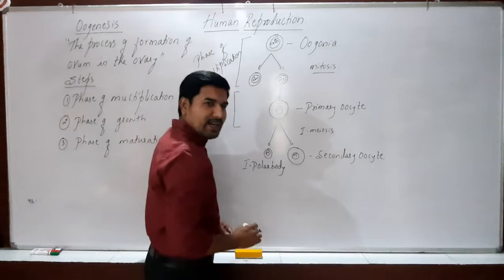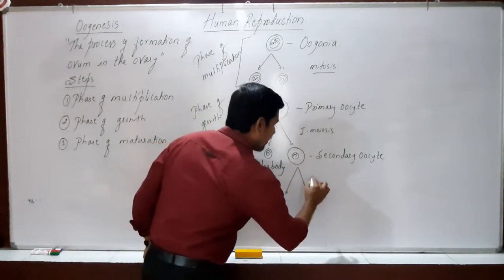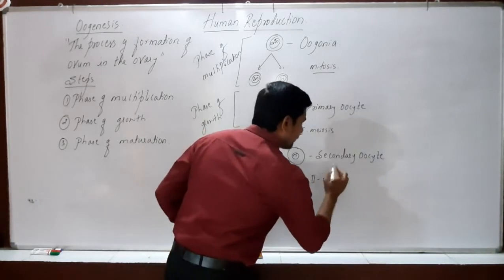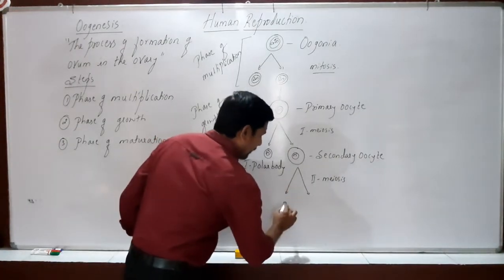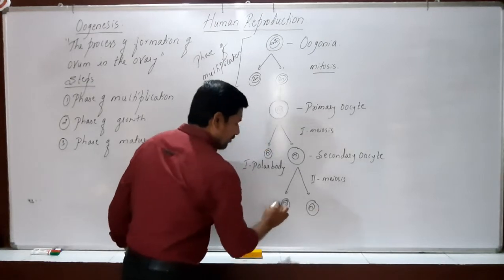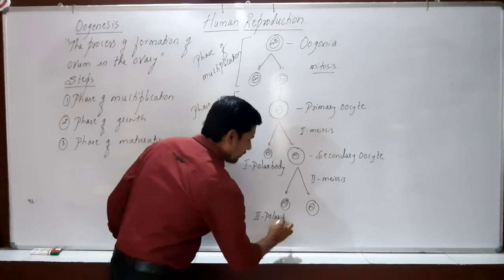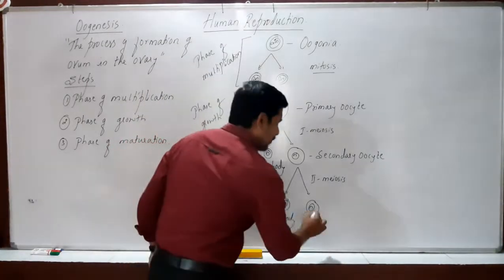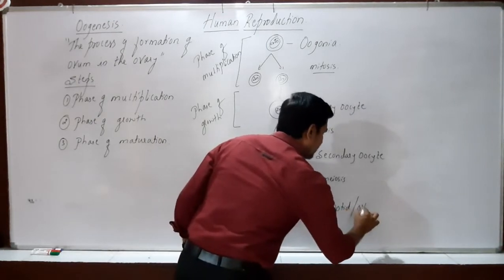This secondary oocyte undergoes the second meiotic division. Here we come across meiosis 2, to give rise to two more cells. Now one is smaller, the other one is larger. This is called the second polar body, and this one is called the ootid, also termed the ovum.